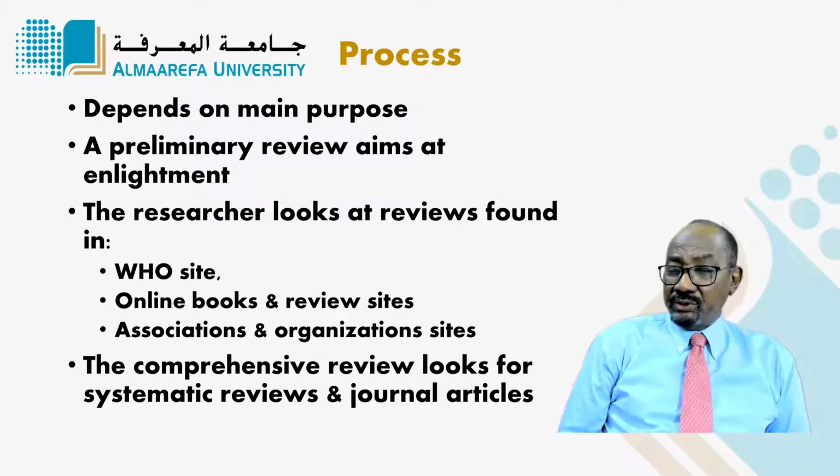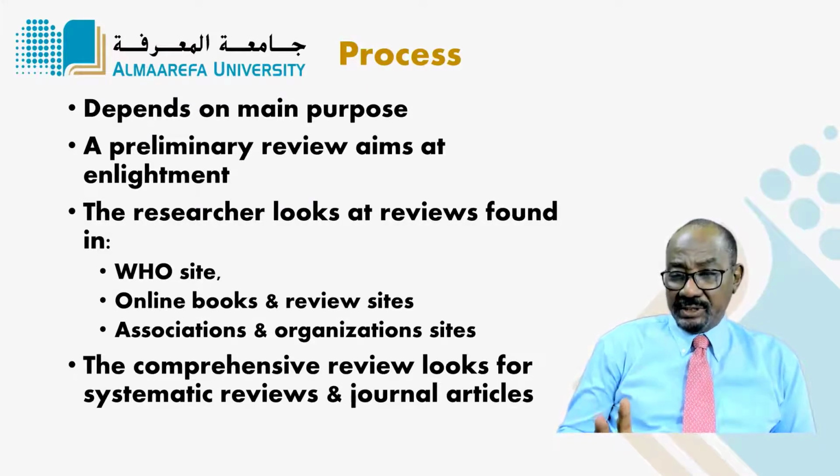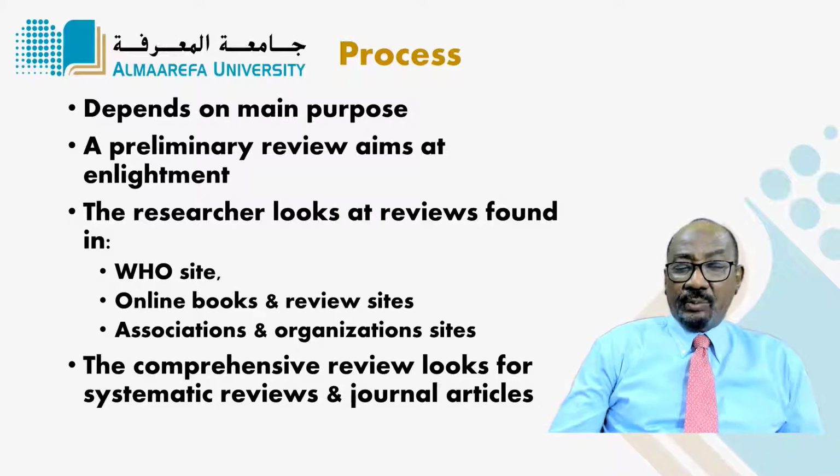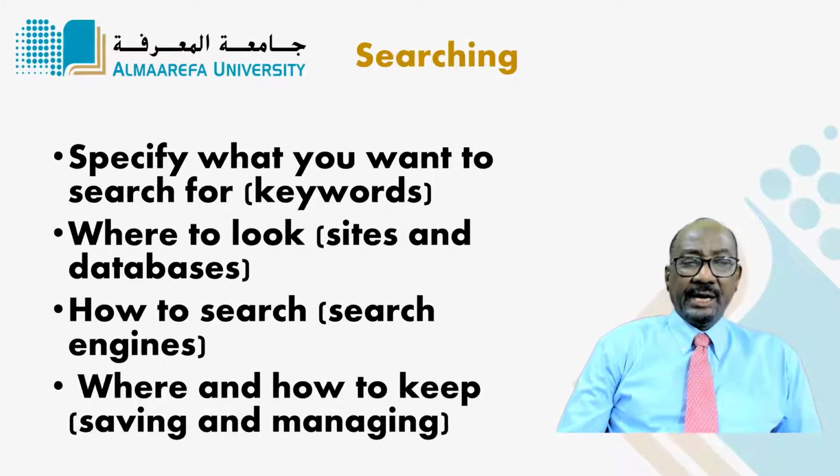You read books and review sites. You read publications of associations and organizations in their sites. And then the comprehensive, this is for the enlightenment review, while the comprehensive review looks for systematic reviews and journal articles. So it depends on the purpose of your review.